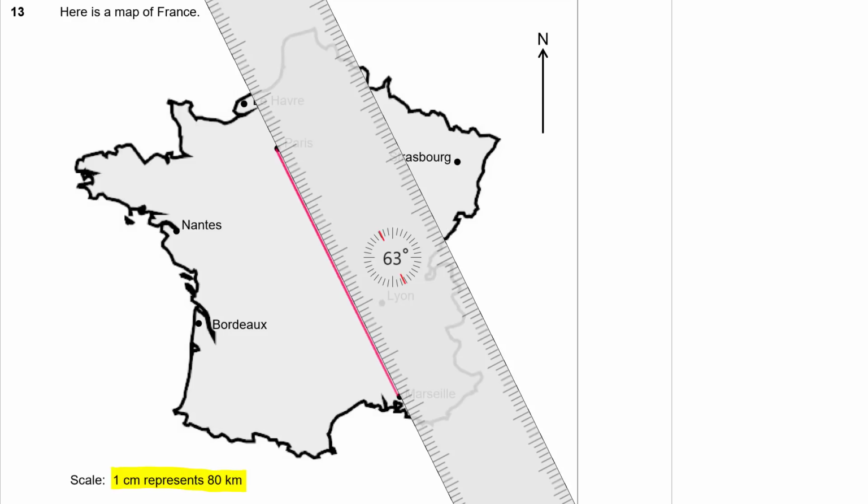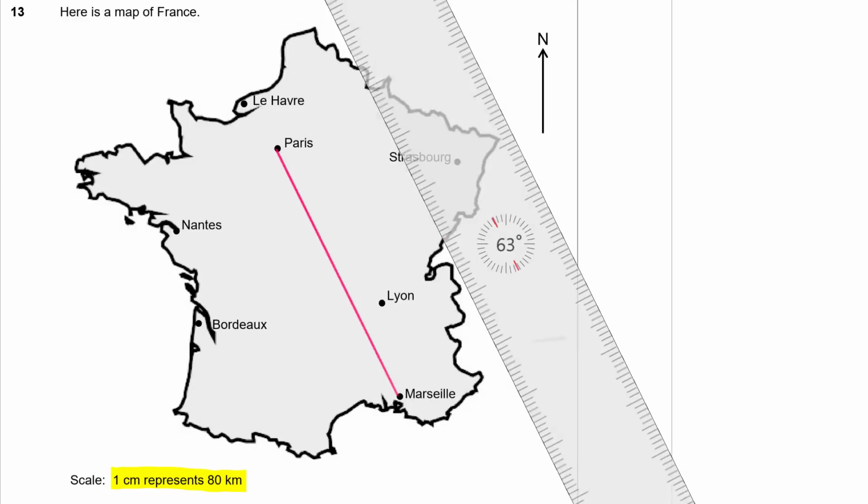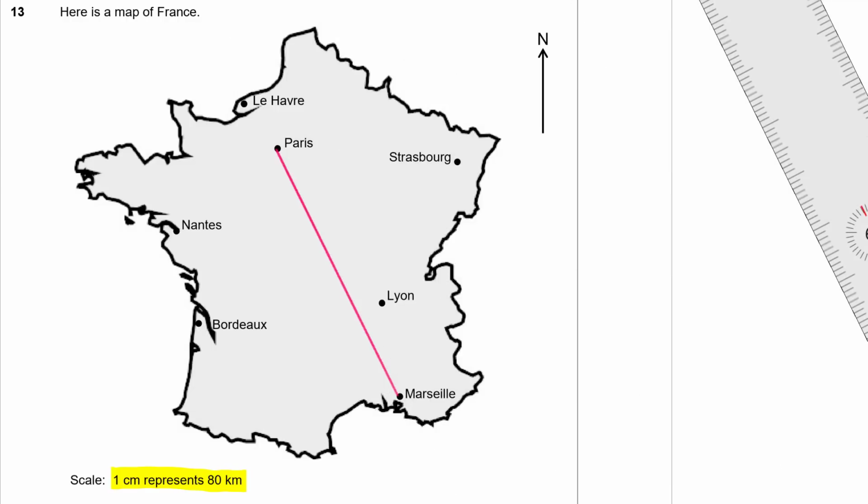Now according to the mark scheme, the distance from there to there should be 8.2 centimetres. Now if yours is a little bit bigger or a little bit smaller, it probably means that your reprographics department in your school has reproduced it at a slightly wrong scale. So don't panic about it.